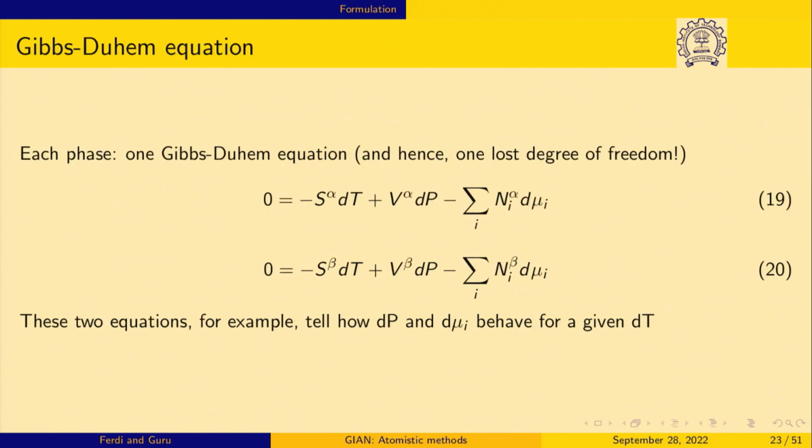That is where we use this Gibbs-Duhem, which tells what the relationship is. If I change chemical potential, how much should be the change in pressure, or if I change pressure, how much should be the change in chemical potential, so that things are all kept the same way.